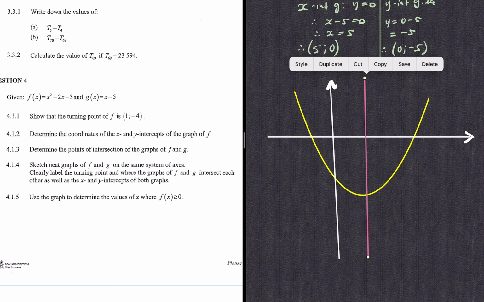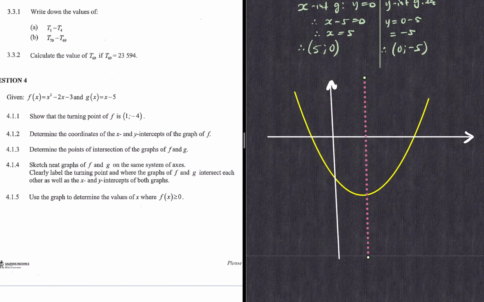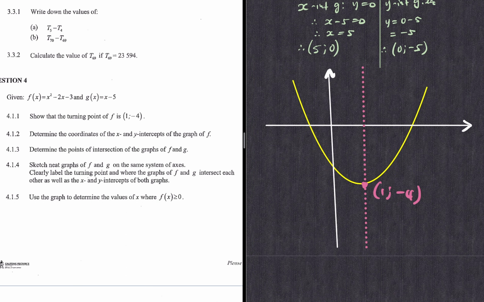The point there is, let's put that point. So the point in here is 1 and negative 4. We have to show it. Okay. So I'm going to say this is my y-axis and this is my x-axis.